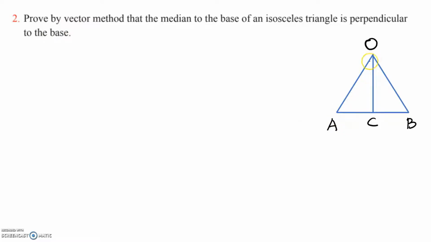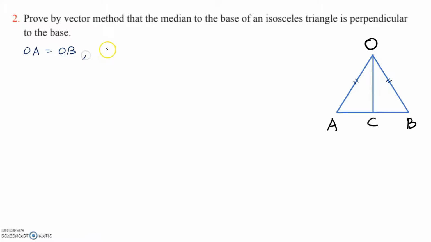So this is an isosceles triangle and the median is the line OC, which connects the midpoint of AB at C. Alright, so OC is the median of the triangle. So we know that since it is isosceles, OA is equal to OB. Both sides are equal.